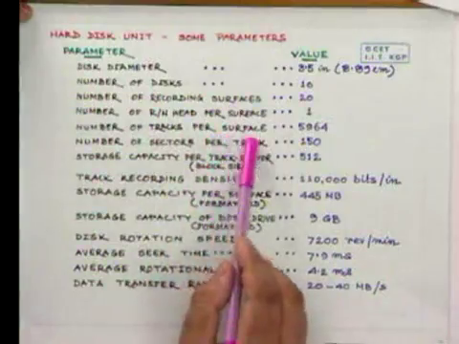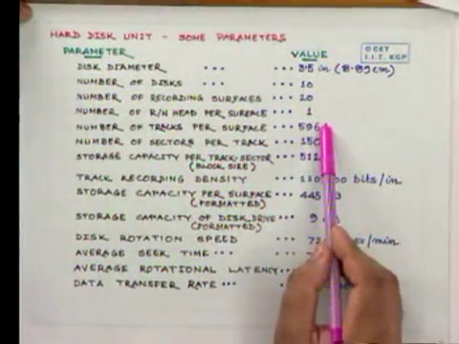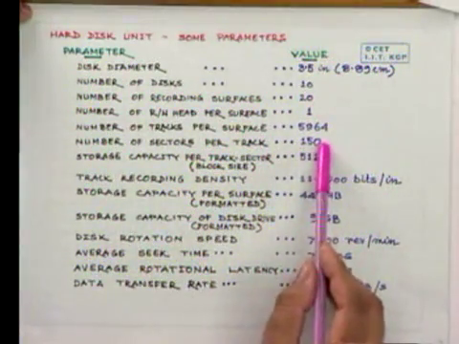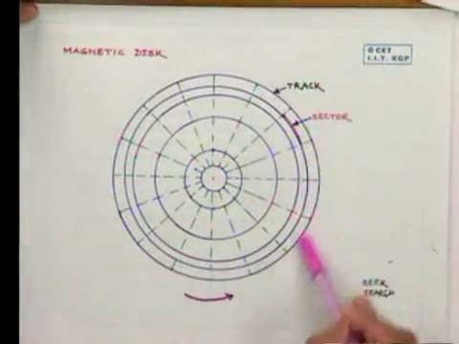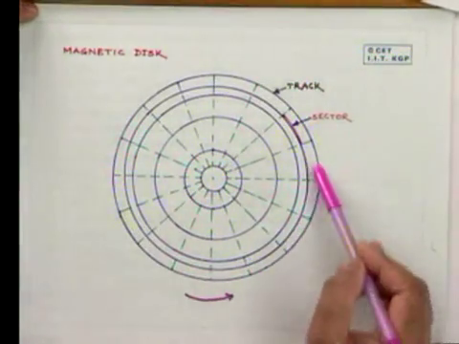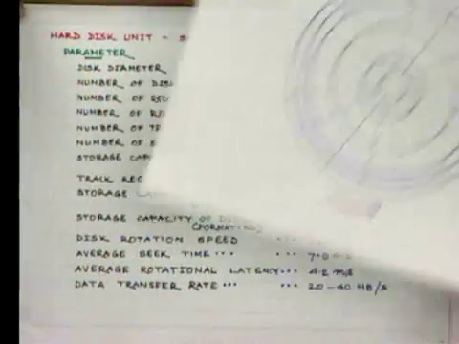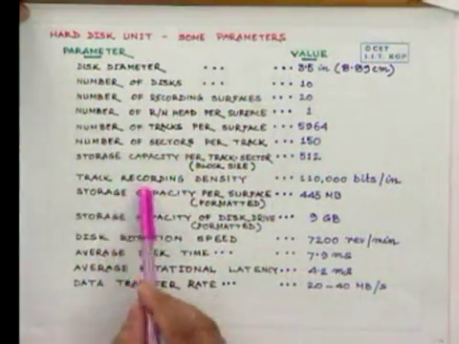The number of tracks per surface is of the order of 6,000. Number of sectors per track is 150. It can vary. For example, since the outer tracks have more space, the outer tracks can have more sectors than the inner tracks, but I've just given an average figure of around 150.